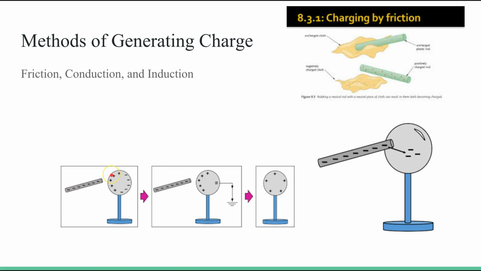So the electrons will try to escape and go to the other side of the sphere or the object that you're looking at. Then all you do is connect it to what is known as a ground, a reservoir of charge that electrons just want to flow through. It could be your finger, or it can be an actual wire connected to the ground. So anything that has a huge reservoir of charge, or like a wall. So this will draw the electrons away, and this will leave you with a positive charge.